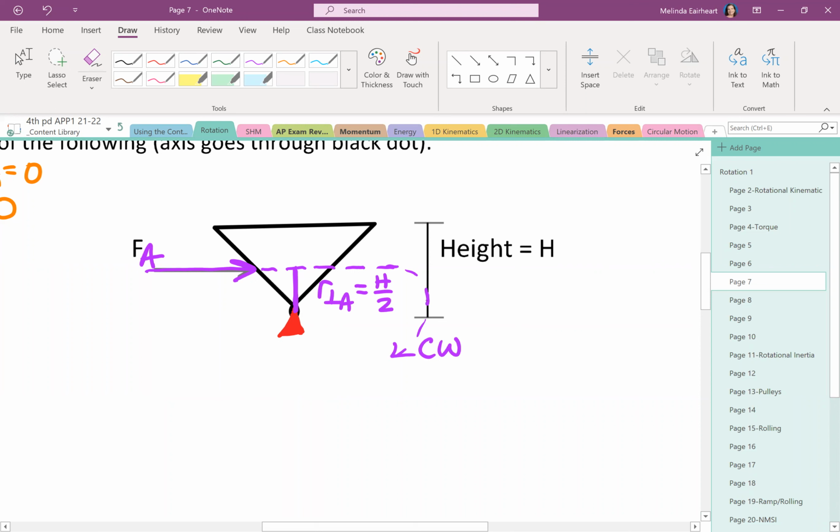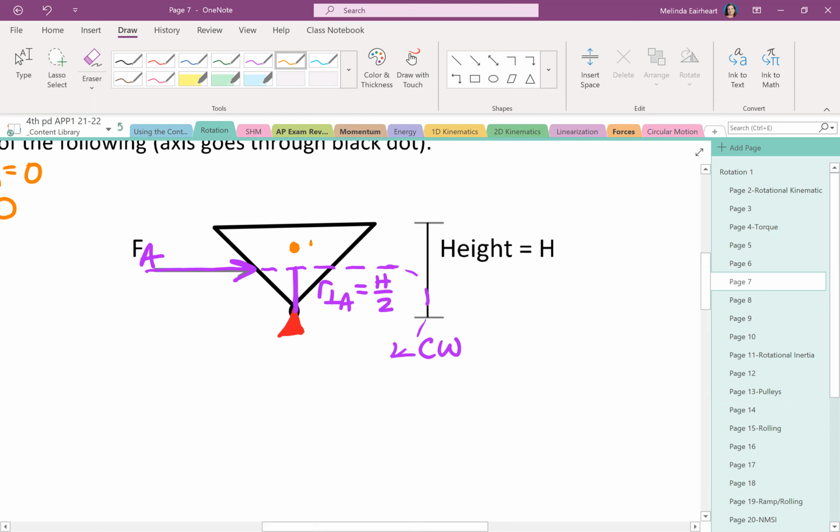What other forces are acting on this object? Gravity. Now, I need to identify the center of mass. It's a triangle. It's pretty symmetrical left, right, but is it symmetrical top, bottom? Probably your center of mass for this is going to lie closer to the top, if we look at the triangular shape.